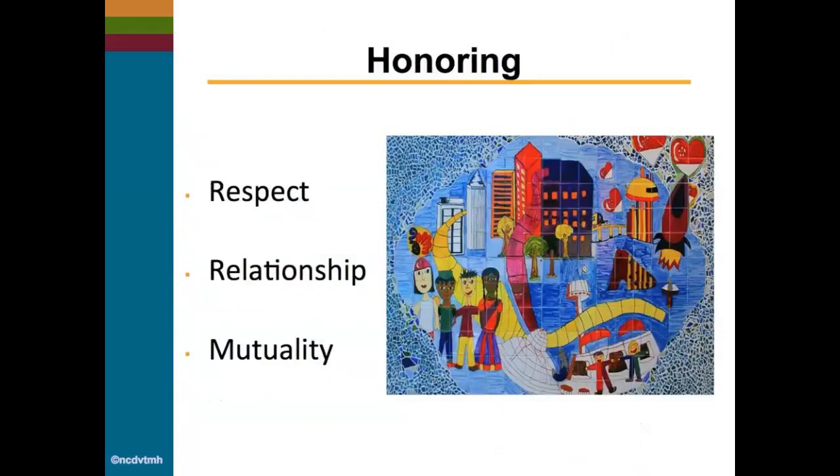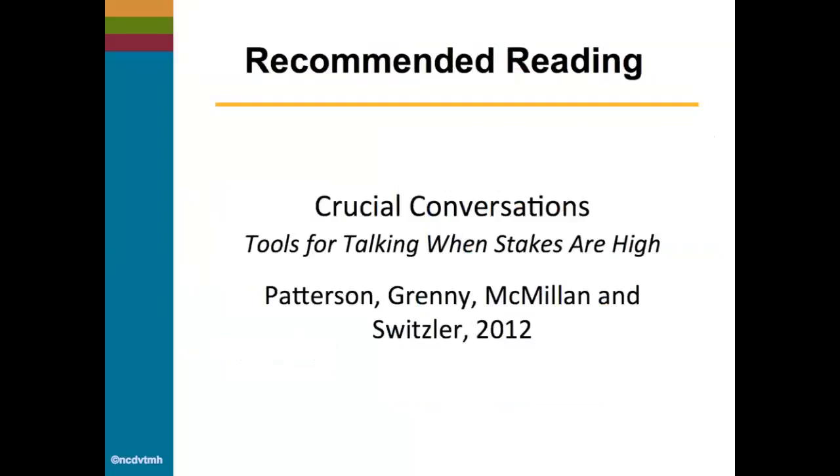So what we're honoring is how do we respect each other? How do we leverage relationship rather than leveraging power and privilege? And how do we focus and hone in on mutuality? And that means sharing accountability for all of the decisions we're making and what we're doing and saying.